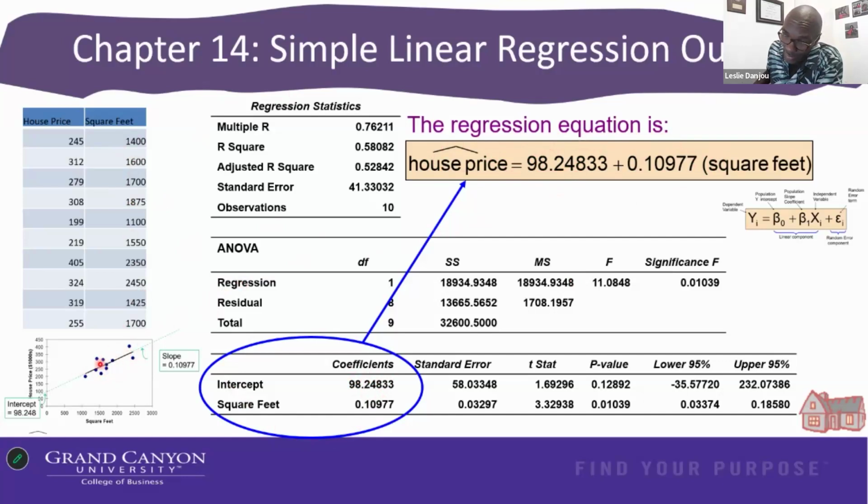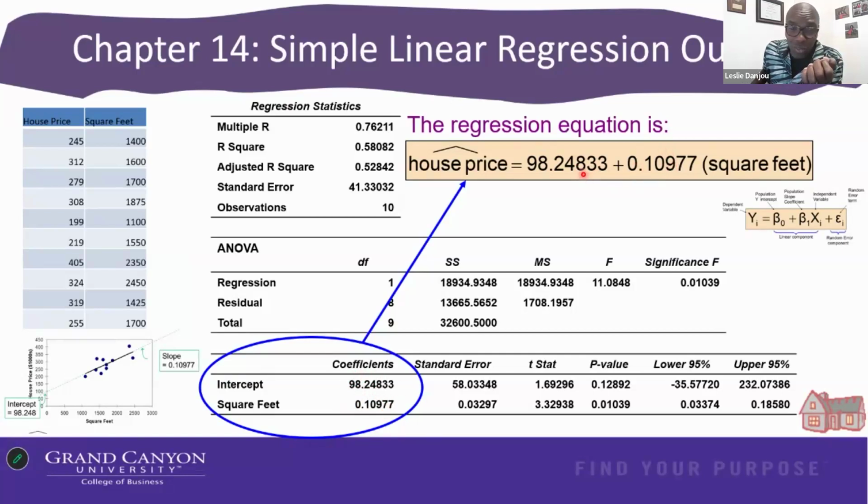Where does this trend line hit this y-intercept? At this number right here. That is your B0. Hopefully that makes sense. Your B1, your slope, is this second number right here. That is your slope.